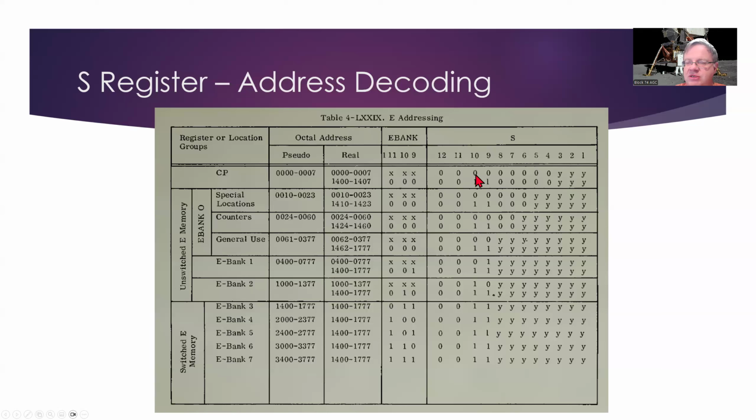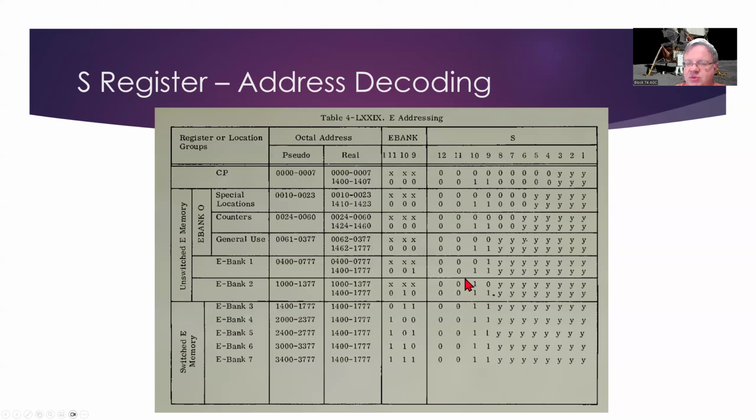Now that works out to say we only have to worry about swapping in the 1400 to 1407 or 1410 to 1423 range if the S register has bit 9 as 1 and bit 10 as 1. We can see here it's always 1, 1, and there are these two scenarios, 1, 0 and 0, 1, where we just don't care.